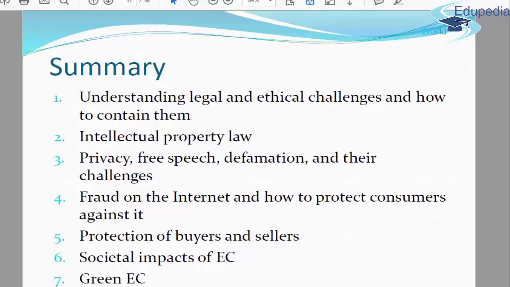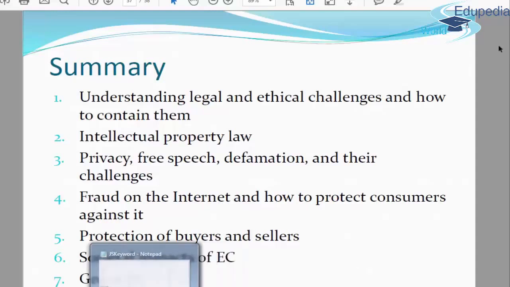And for each problem, there is always a solution over the internet. While I don't expect any electronic commerce business provider to understand the technical details of hacking and other security issues, you should be familiar with the layman terms, the layman language. You should be familiar with what's happening, what's hot, and how you need to attack it.